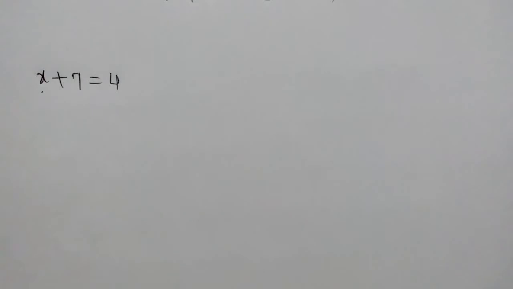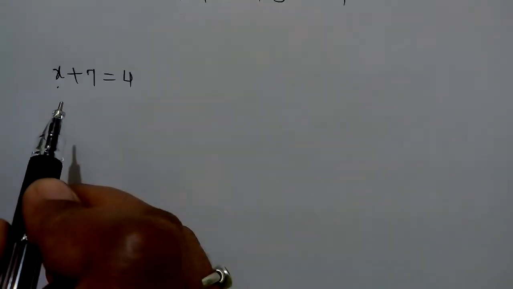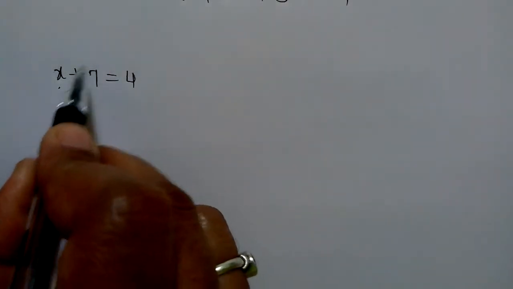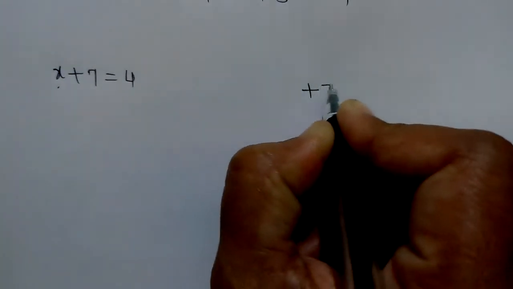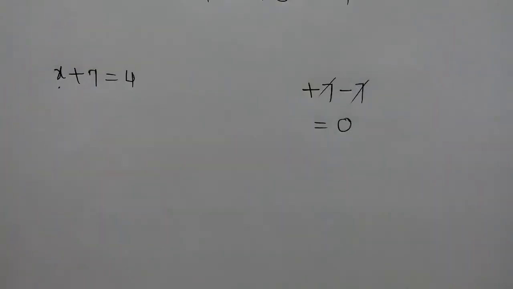So what we have to do, on the left side whatever numbers are there with x, we have to remove all those numbers. So in this equation with x, what is there? Plus 7. While removing this 7, you know very well, if plus 7 is there and we do minus 7, this plus 7 minus 7 will become 0.